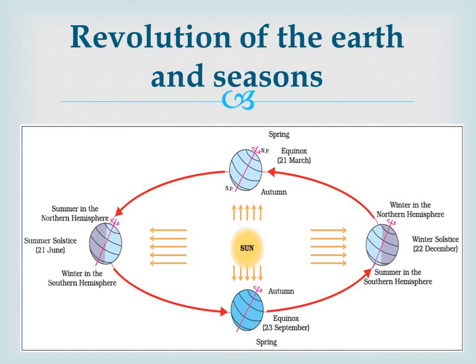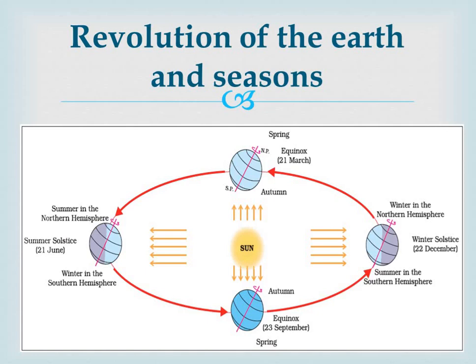At this position, the earth's northern part is tilted towards the sun, so obviously it is getting more heat, and that's why in the northern hemisphere at this time it is summer, and opposite to it, in the southern hemisphere it is winter, and it receives less heat from the sun.